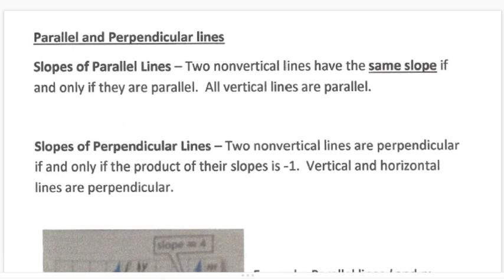Okay, so today we're going to talk about parallel and perpendicular lines and the slope of them. So the slope of parallel lines are the same slope.